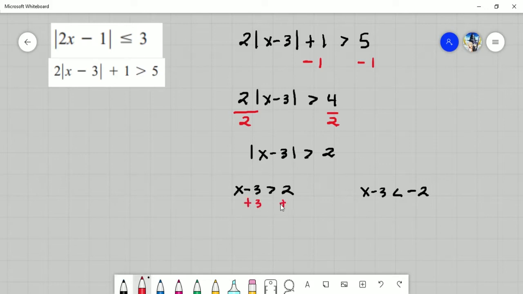Here we add 3 to each one. x greater than 5. Then this one will be x less than 1.